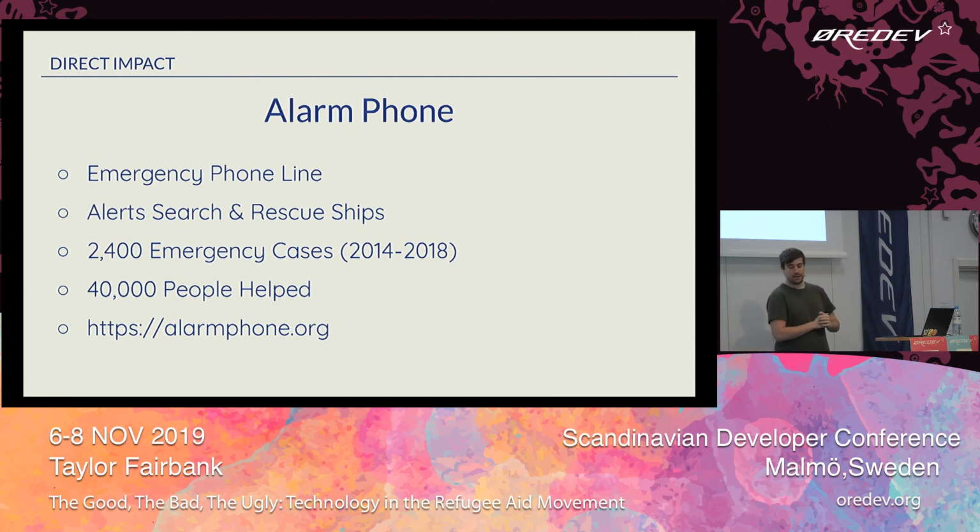Over the 4 years they've been active, I think I looked at their 2018 yearly report, so it's more now, but they have responded to 2,400 emergency cases with multiple calls in each case as they track the vessel that's in distress. They've helped over 40,000 people reach land or a search and rescue ship safely.